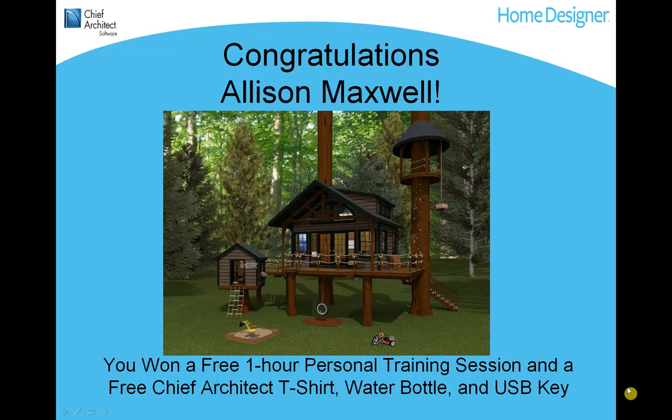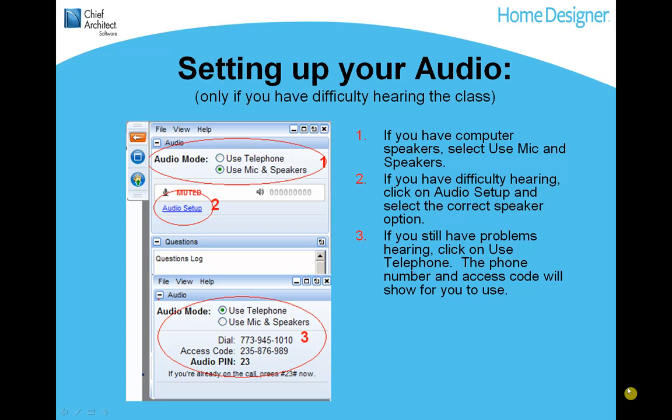Before we get going, I wanted to cover the GoToMeeting controls. So first is the audio setup. You're able to control whether you use the mic and speakers or a telephone. The mic and speakers is the standard, so if you're not able to hear me correctly, select that audio setup and that will help adjust the levels throughout the GoToMeeting system.